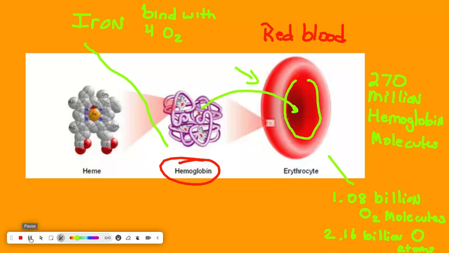Okay. By the way, why iron anyway? Well, iron, first of all, it's readily available, and it can form bonds easily. It can form oxygen bonds better than any other element. And not only can it bond with this oxygen, it also can release it when needed.